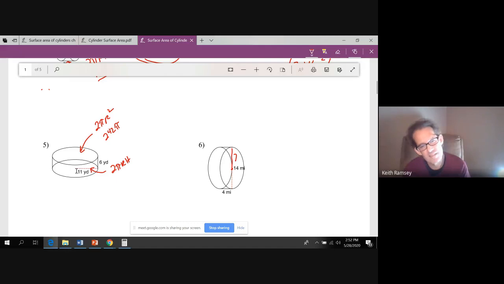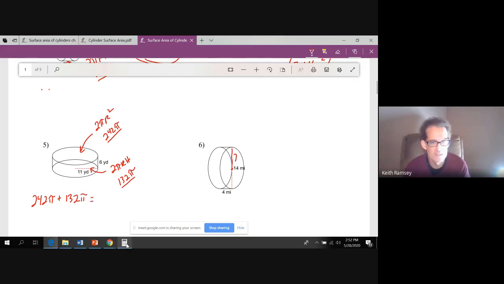So if my radius is 11, 11 times a height of 6 is 66, times 2 is going to be 132 pi. My last step is to add the surface area of the top and the bottom with the lateral surface, the curved part of the cylinder. So I have 242 pi plus 132 pi.